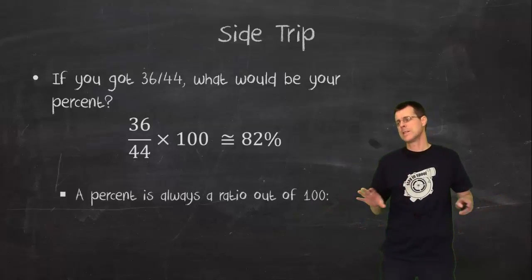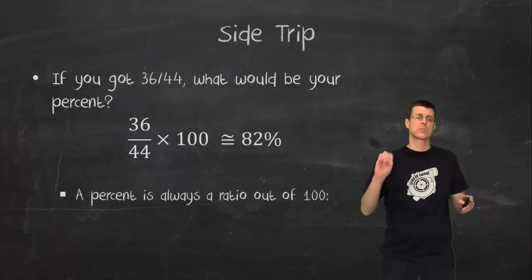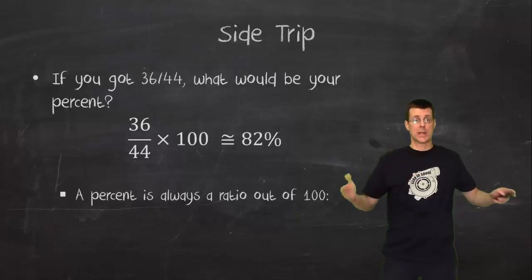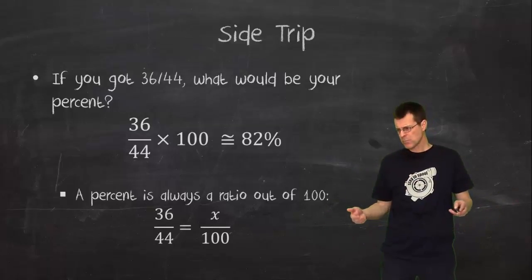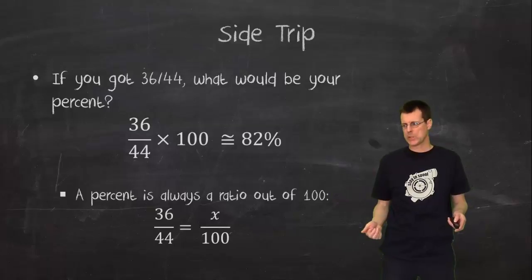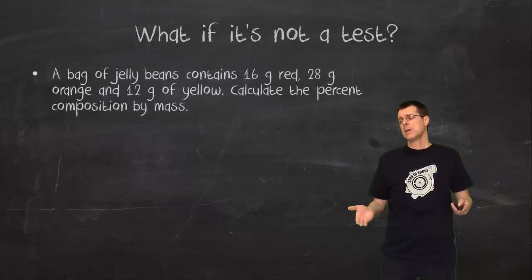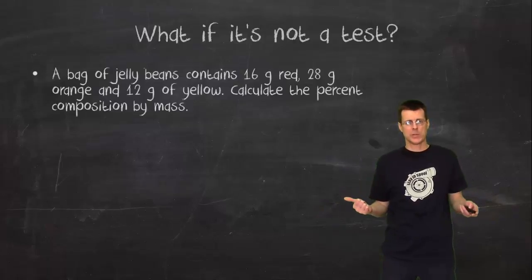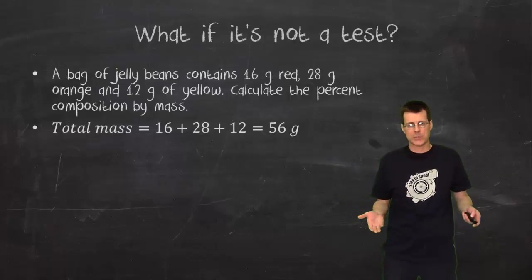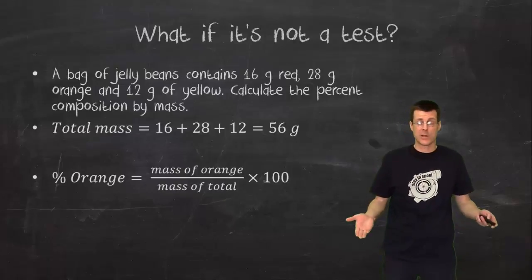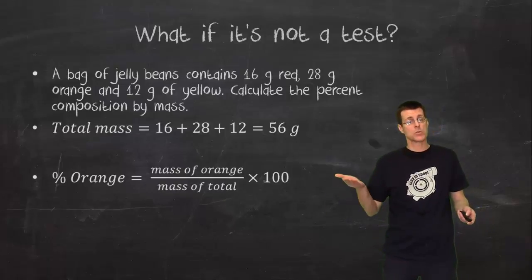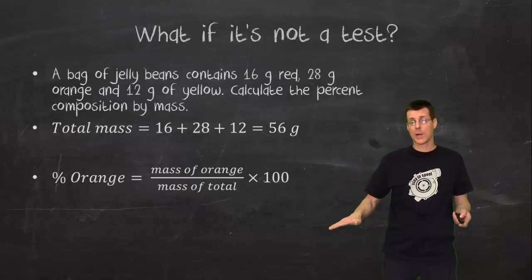We want to apply exactly the same principles to atoms, molecules, and compounds. And I could express it this way as well. What if it's not a test? A percent is still a percent. So if I had a bag of jelly beans, and I had these kinds of ratios going on in my jelly bean bag, then if I wanted to find the percent that was orange, I would take the amount that was orange over the total amount that I had.